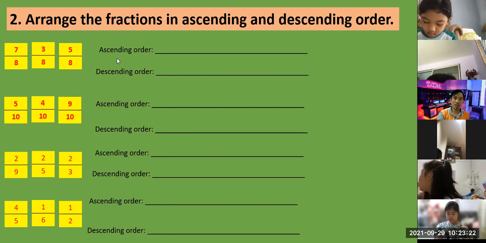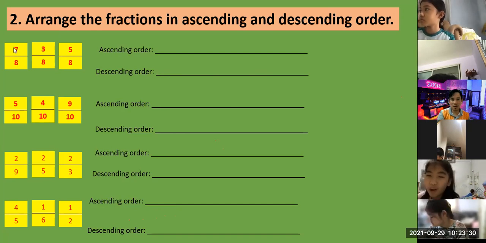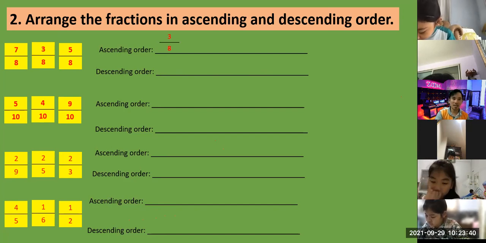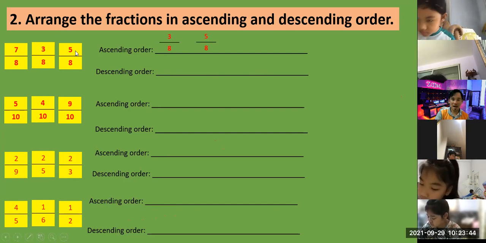So here, what is the smallest fraction? The same denominator, 8. If you compare the numerators, 3 is the smallest fraction here. 3/8. What's next to 3? Number 5, and the last here is 7.